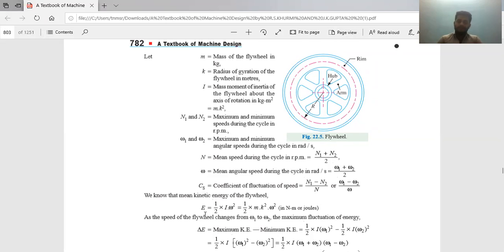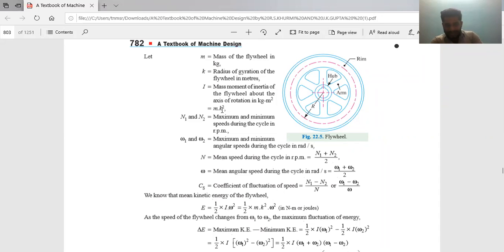Why? If one body is moving linearly with speed v, then kinetic energy is half into m into v square. But in angular motion, mass becomes moment of inertia I, and linear velocity v becomes angular velocity omega. So E is equal to half I omega square.